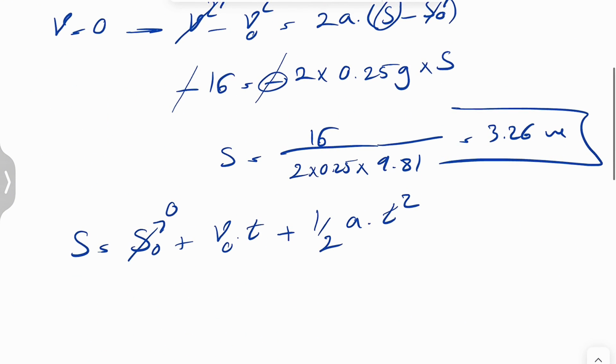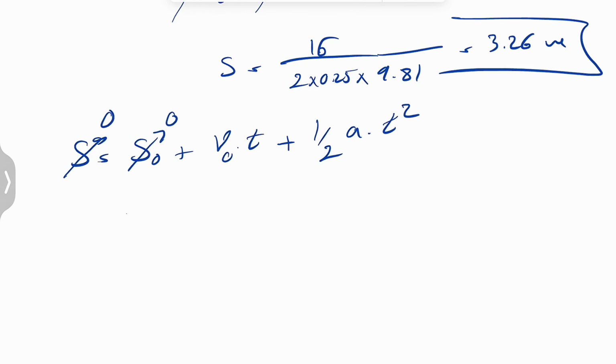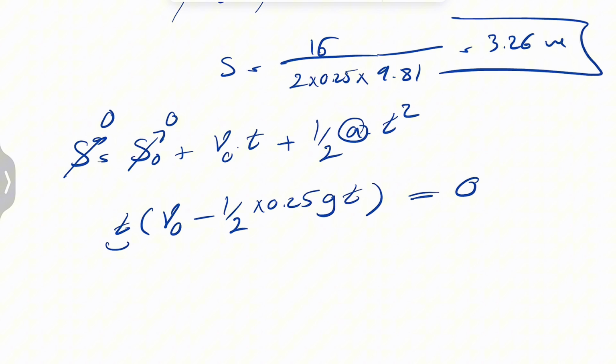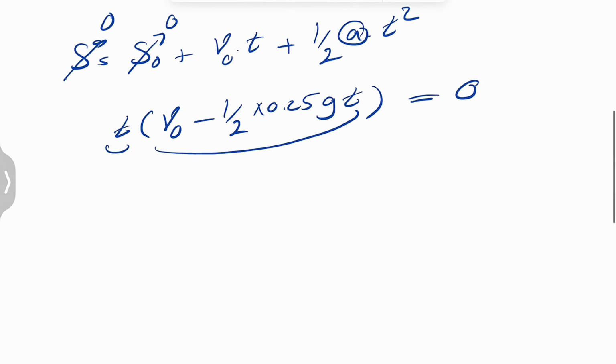So s is also 0, so this will be 0. And here, if we factor t, we're going to have t times (v0 plus 1/2 times the acceleration, negative 0.25 g, times t) equals 0. And from this, one solution we get is t equal to 0.